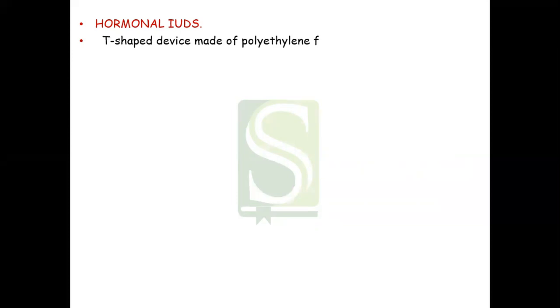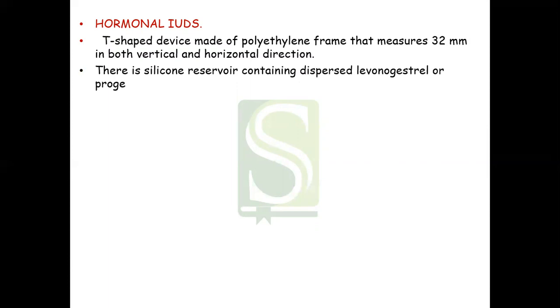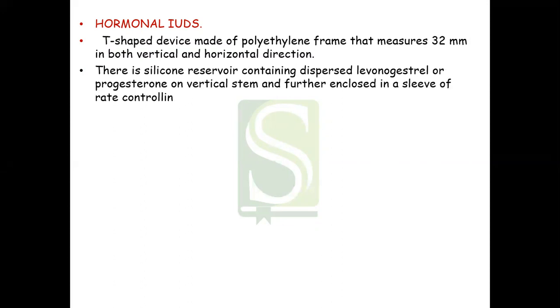The T-shaped device, which is made up of polyethylene frame, measures 32 mm in both vertical and horizontal direction. There is a silicone reservoir containing dispersed levonorgestrel or progesterone on the vertical stem, further enclosed in a sleeve of rate controlling membrane of ethylene vinyl copolymer.